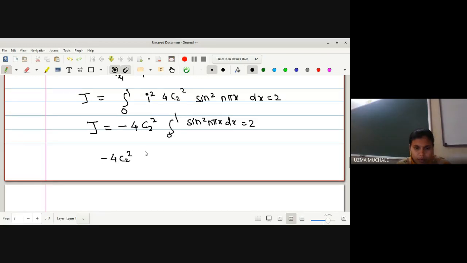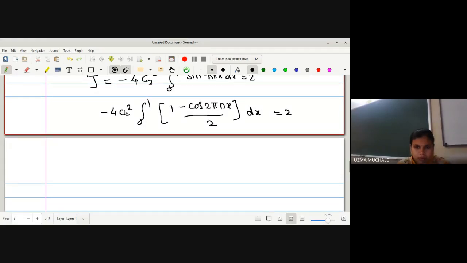I have given you a formula: sine squared theta is nothing but 1 minus cos of 2 theta divided by 2. So integration of (1 minus cos 2 theta) divided by 2 dx is equal to 2.